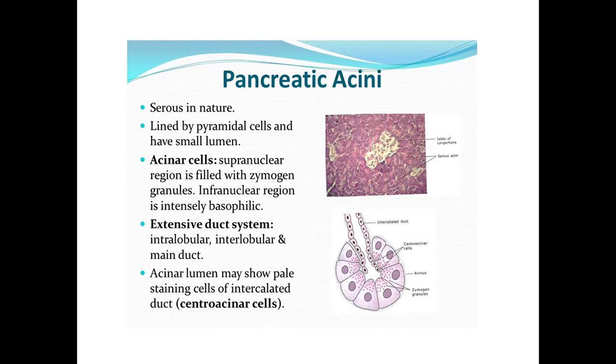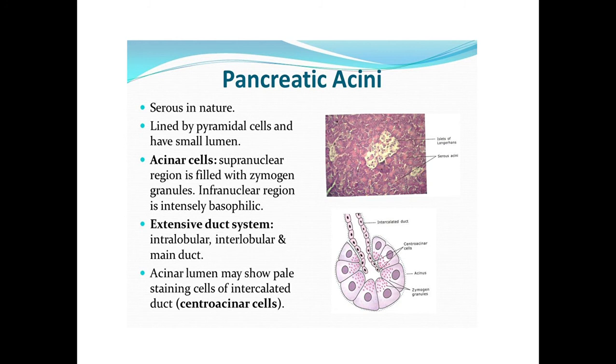The pancreatic acini are serous in nature, lined by pyramidal cells and have a small lumen. In the acinar cells, we have the supranuclear region filled with zymogen granules, and the infranuclear region is intensely basophilic.